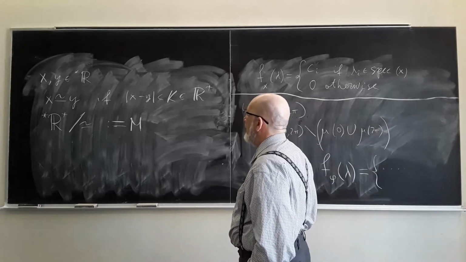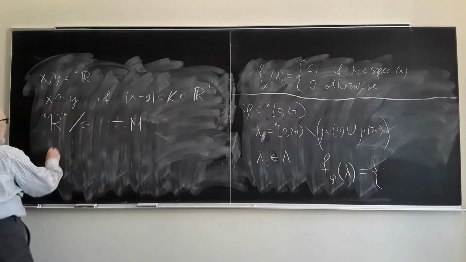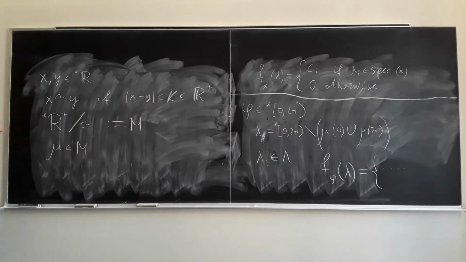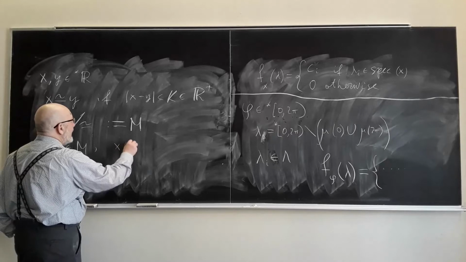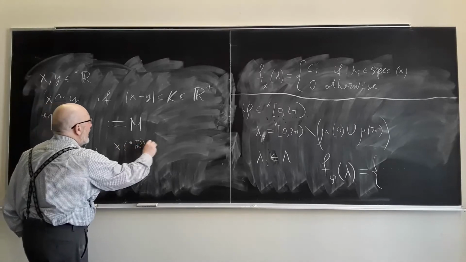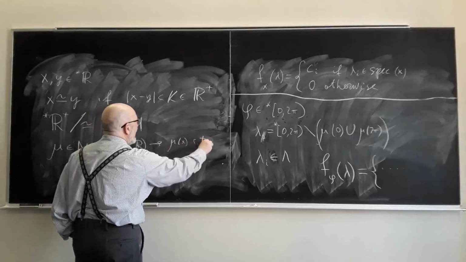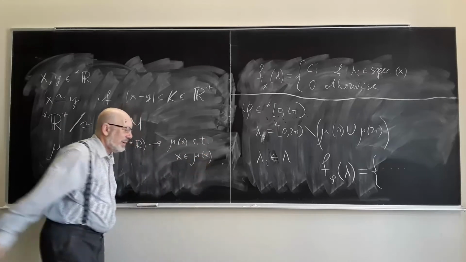It is like mu, a small element of this set. It is also an ordered set, and for any x in star R, we denote mu of x such that x is an element of mu of x.